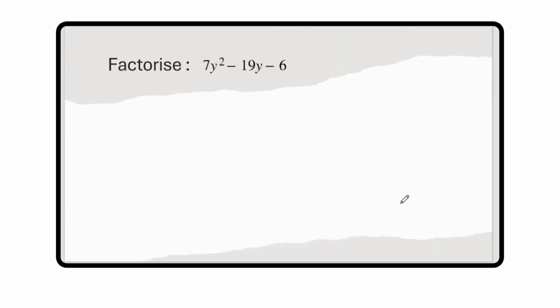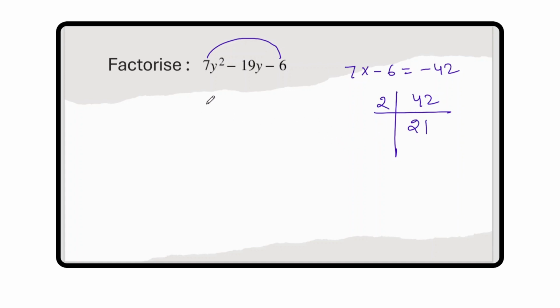7y square minus 19y plus 6. Sorry, minus 6. So 7 into minus 6 will give me minus 42. Now I will break 42 so that I get minus 19. I can relate it to minus 19. So 2 times, it is 21. I can see 21 minus 2 will give us 19.